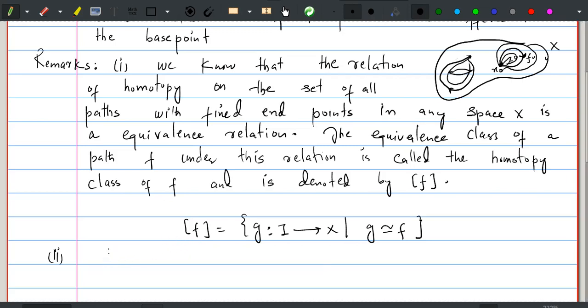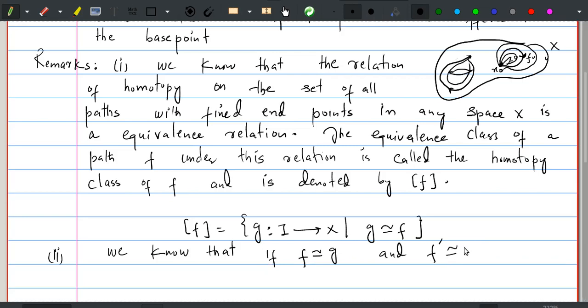So we know that if f is homotopic to g and f prime is homotopic to g prime, then their product will also be homotopic.